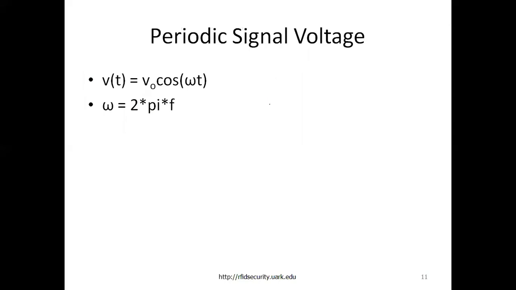If we are dealing with a periodic signal voltage, we have V of t equal to V naught cos omega t, where we replace omega with 2 pi f.